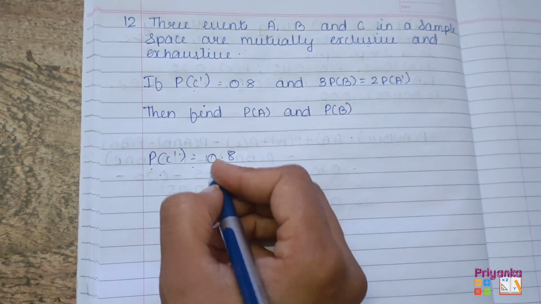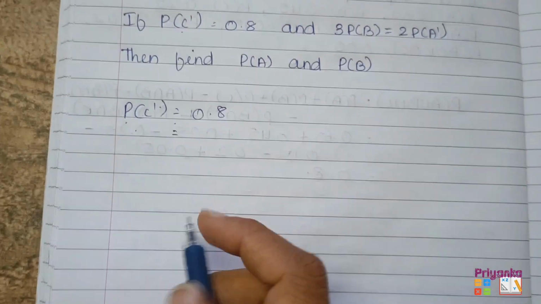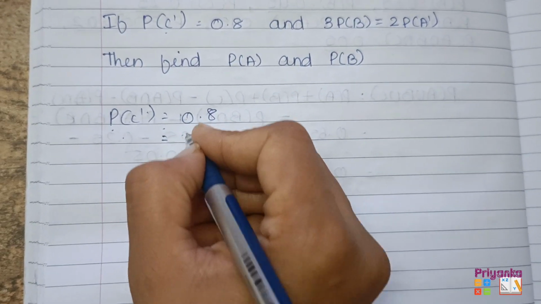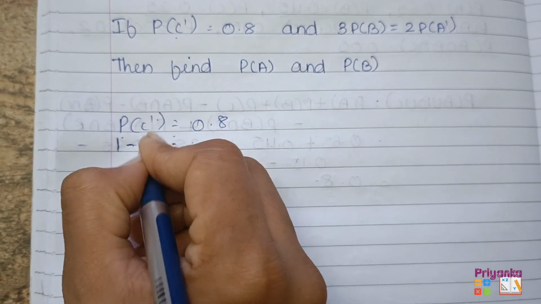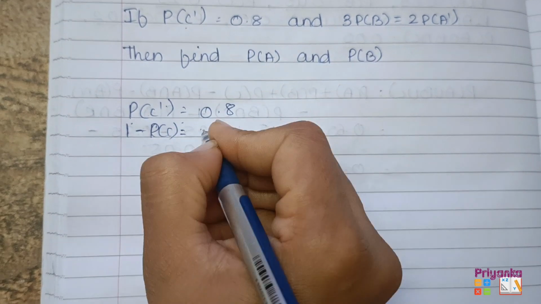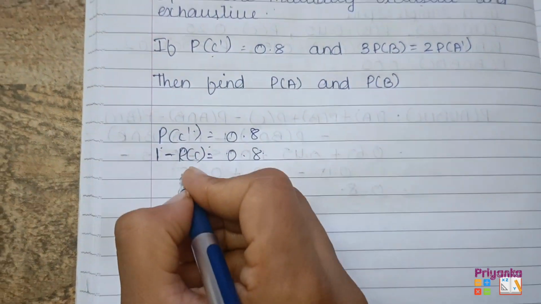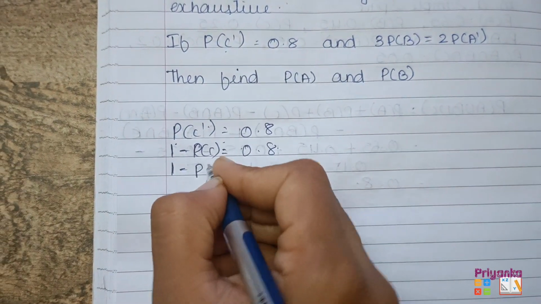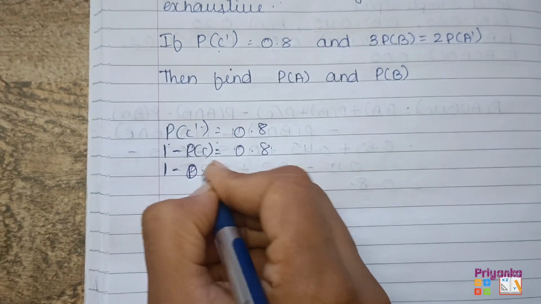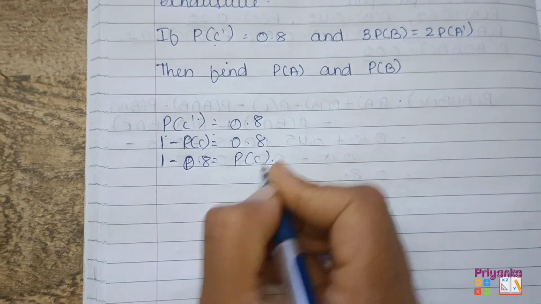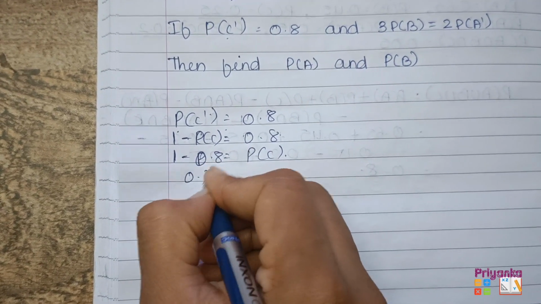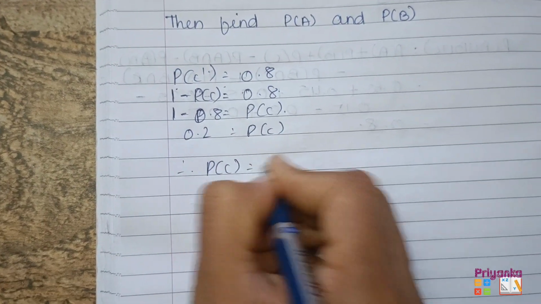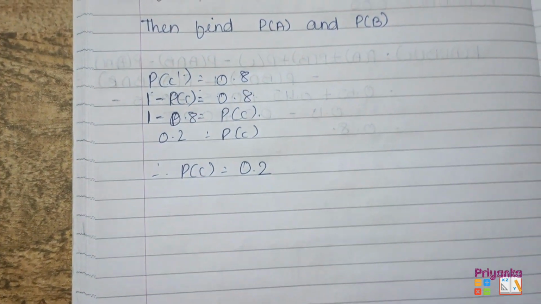So for this we'll apply the rule of the probability of complementary event, which is 1 minus P of C, which is 0.8. So here we'll just exchange the value: 1 minus 0.8 is P of C. We'll find out it is 0.2. So therefore P of C here we found is 0.2.